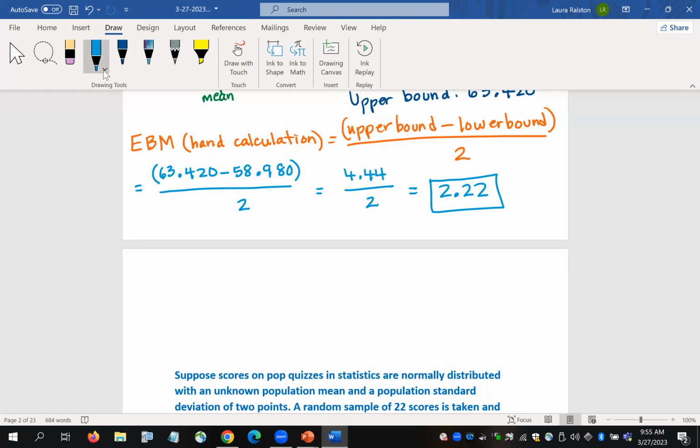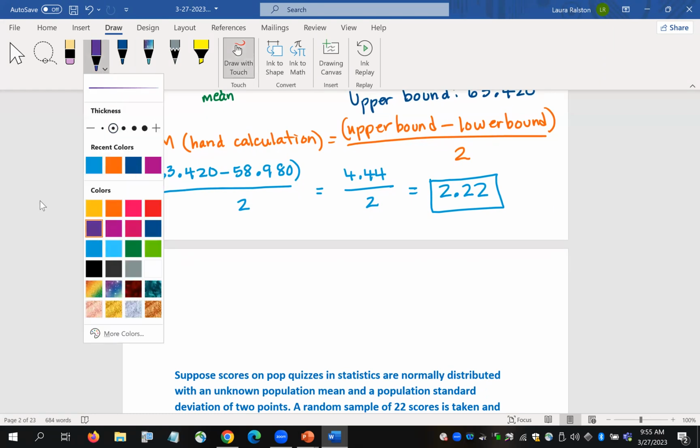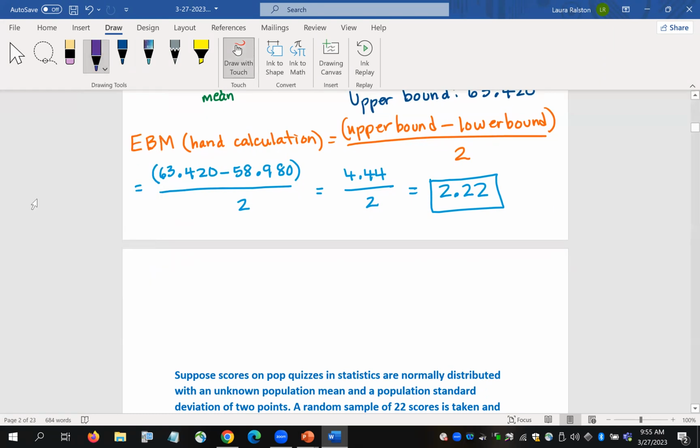The last step is to write your conclusion.